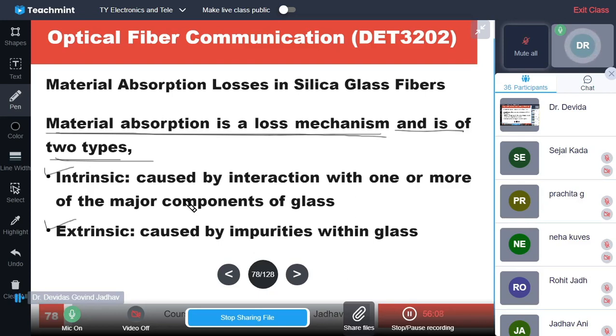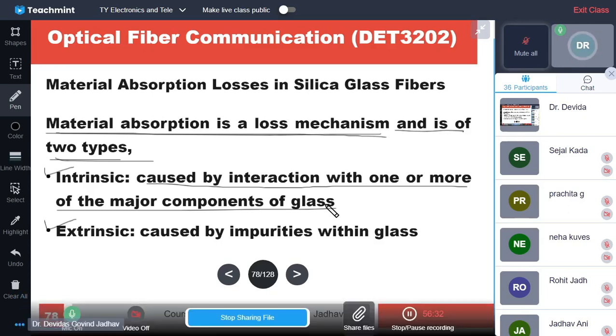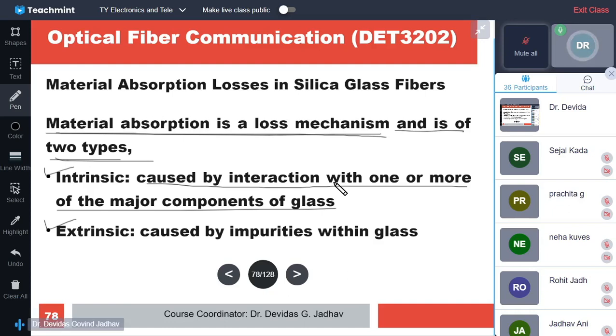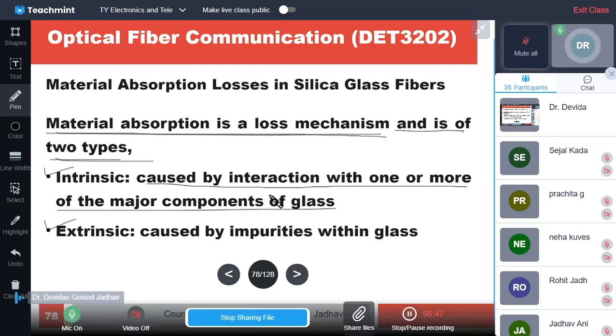Intrinsic loss is caused by interaction with one or more of the major components of the glass. Glass is a multi-component material mixture, and there are multiple components in the glass: silicon oxide, germanium oxide, some phosphor, halides, fluorine glass, and boron.